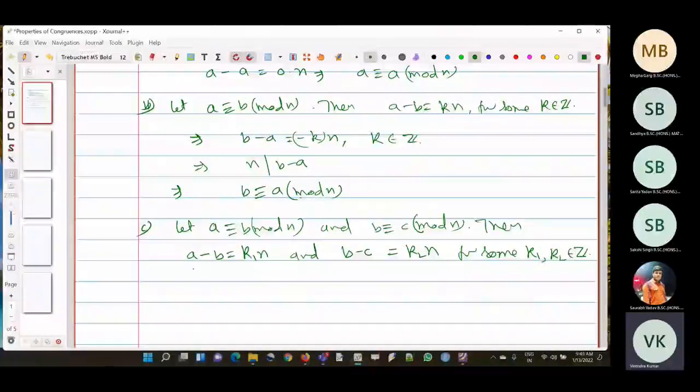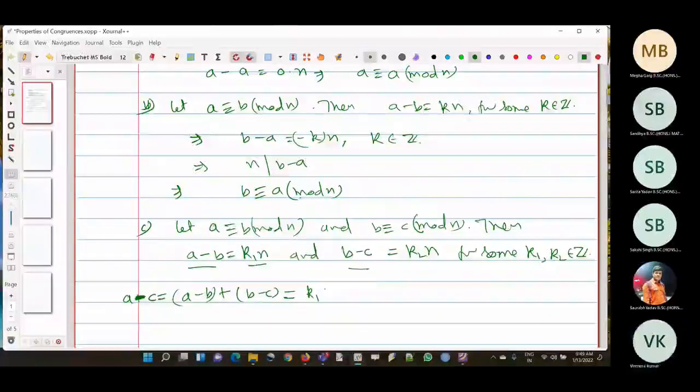So what we can do with the help of these two, we can add them side by side. So A minus B plus B minus C. In fact, this A minus C is equal to A minus B plus B minus C. And this is nothing but, in the right hand side, we have k1 n plus k2 n, and we can take n common.